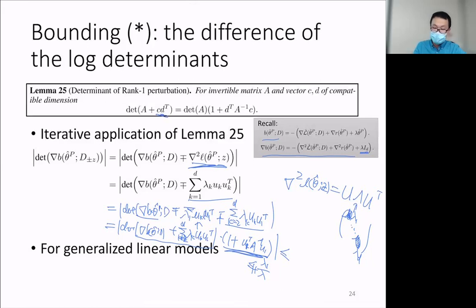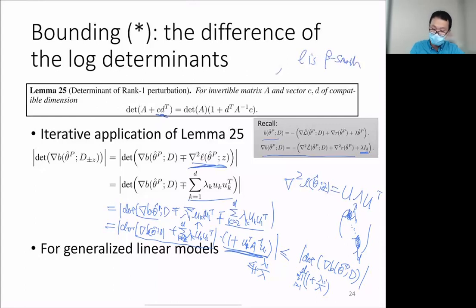Now, notice that we can iteratively apply this. Ultimately, this becomes just the determinant of B theta hat P on the D rather than on the D prime, multiplied with the product from 1 to D of 1 plus lambda i over lambda. By our assumption, this L is beta smooth, right?